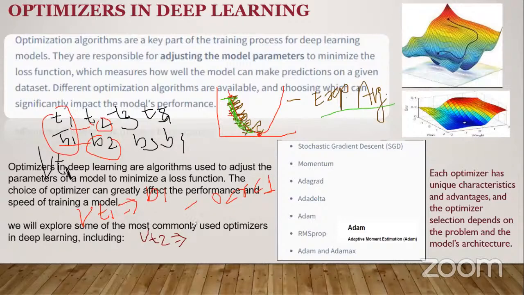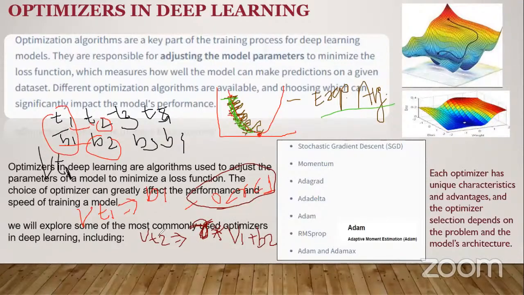For that purpose, we introduce the variable gamma multiplied by V1, plus the value which is available, B2. By introducing this gamma, I'm introducing momentum, and this value is between 0 to 1.